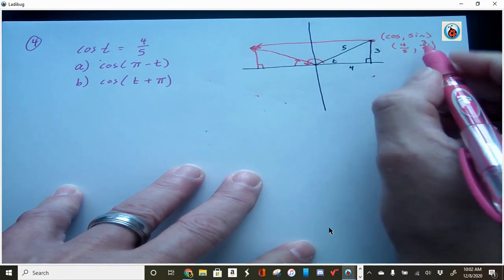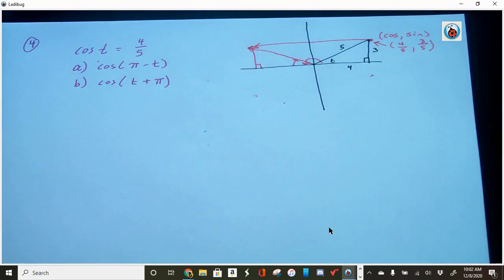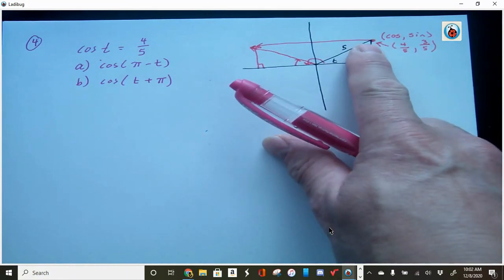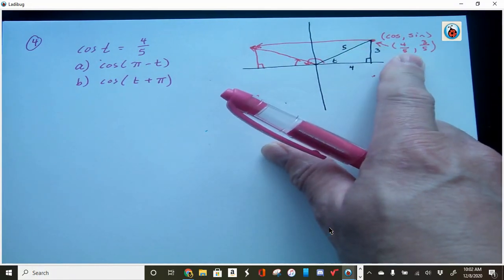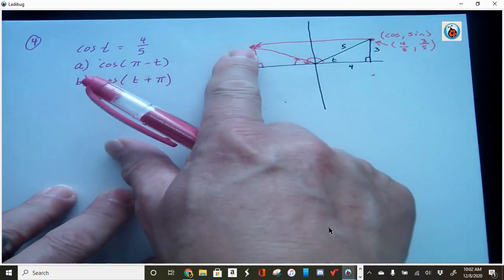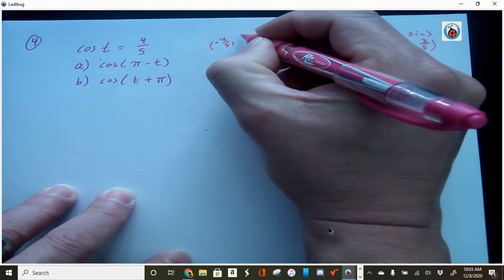So this is the ordered pair of that point. Now remember, this is not a unit circle, because our radius is not equal to 1. All right, so this ordered pair is 4/5 and 3/5, and if I reflect this over along the y-axis, I'll get negative 4/5 and 3/5.